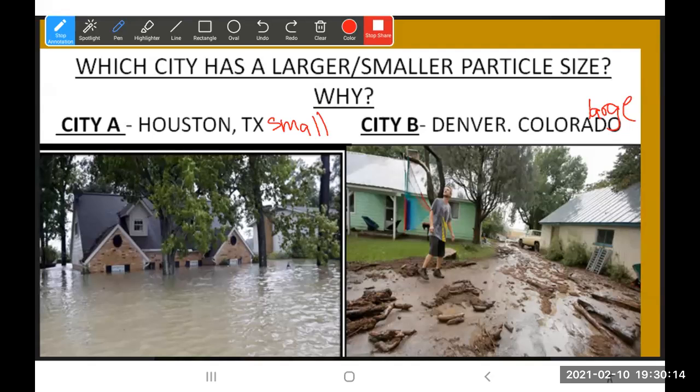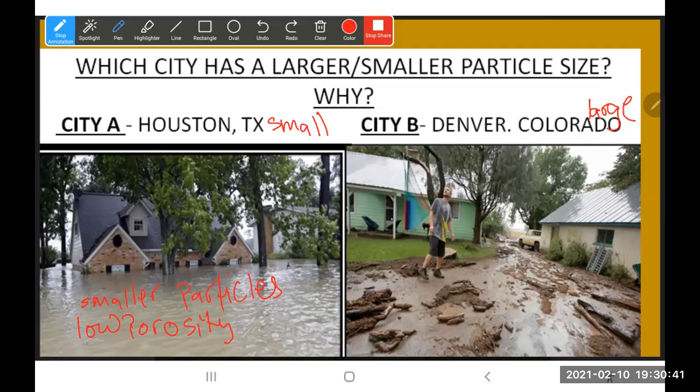Why? Because the smaller particles are so tightly packed together that they have a low porosity. And it allowed water to move up.